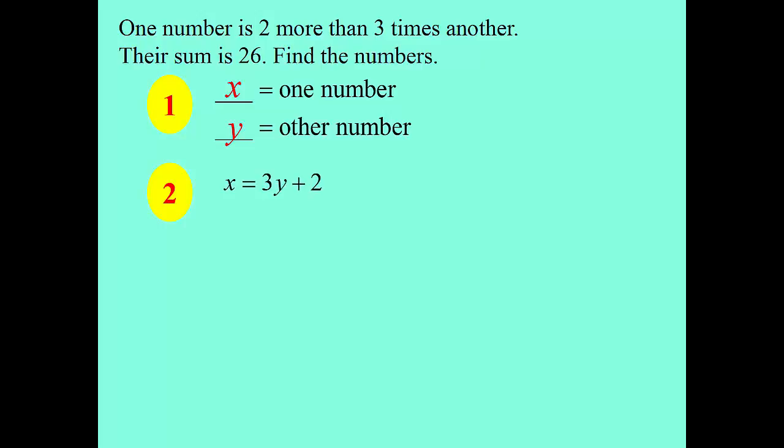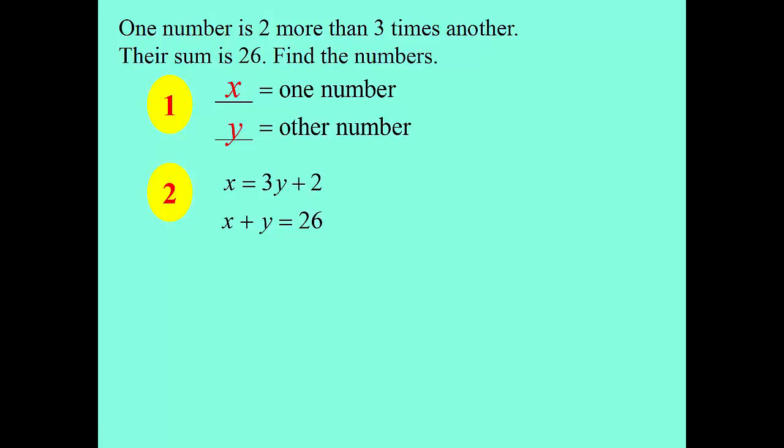Now look, one equation simply says that one number, x, equals 3 times another plus 2. 2 more than 3 times another. And then it says their sum is 26. So there's our 2 equations.